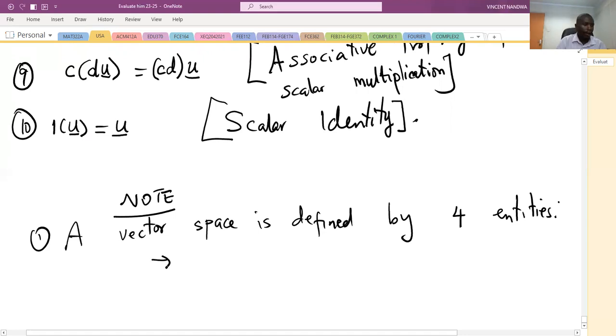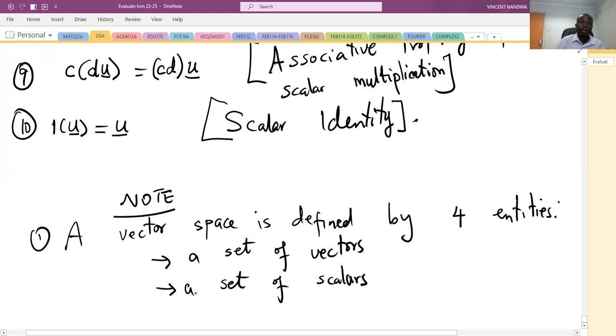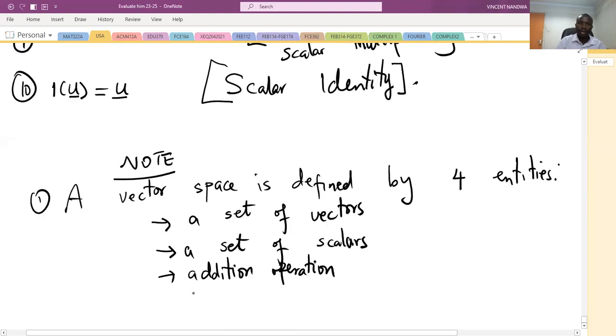So these entities are a set of vectors, number 2, a set of scalars, and then addition operation, and then we have scalar multiplication operation.